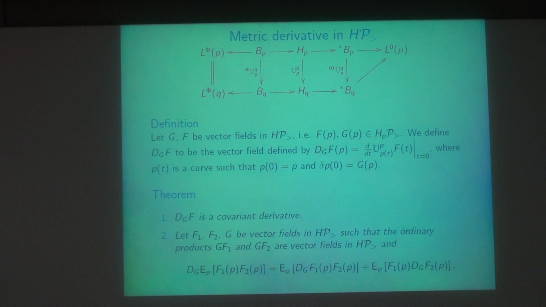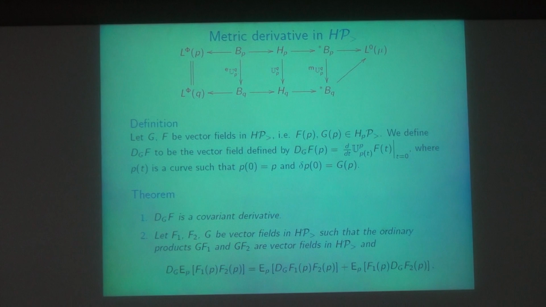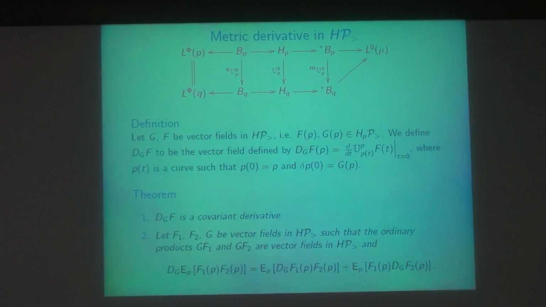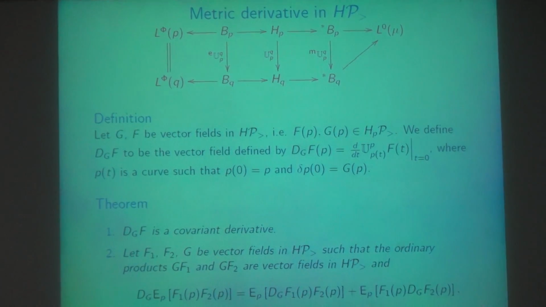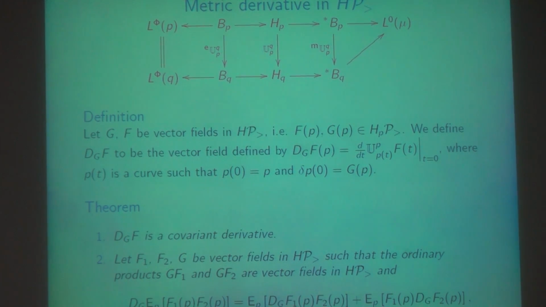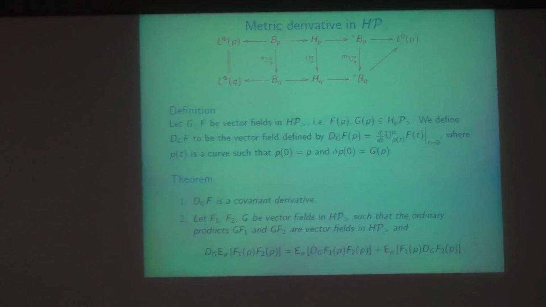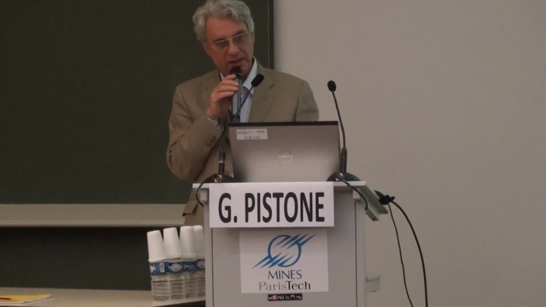Then we have L phi P equal phi Q. We have a transport between all the possible fibers, which are all different. And everything is embedded in the space of measurable functions. In this way, we get a covariant derivative.